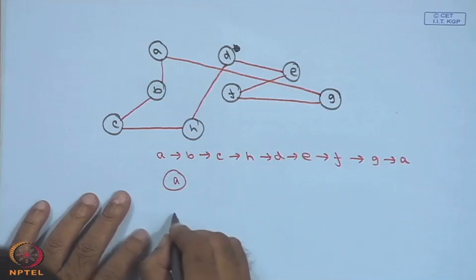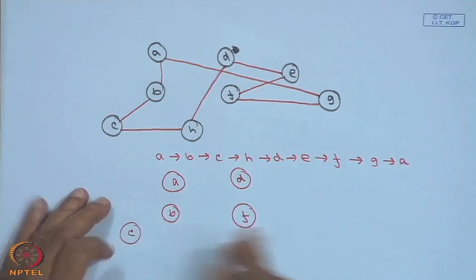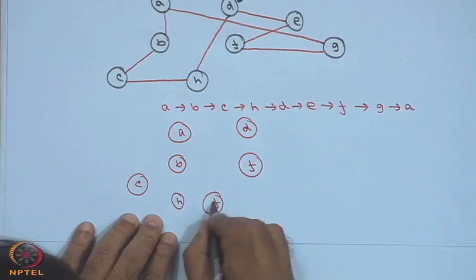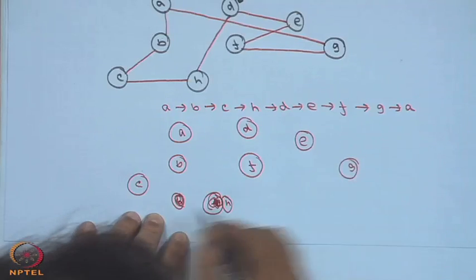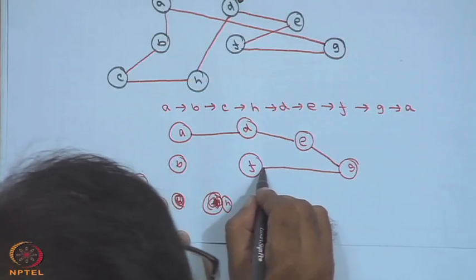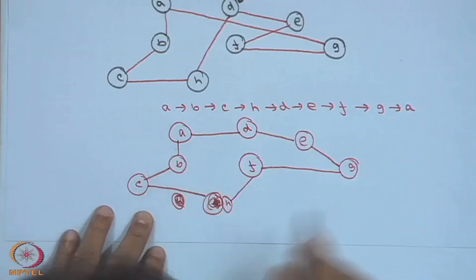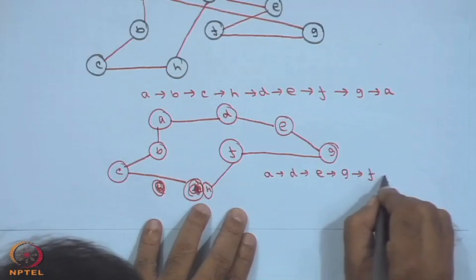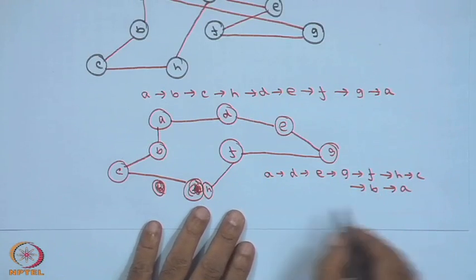Of course, if you see this one, just A, B, D, F, here C, somewhere here H, E, G. If I move something like this, that is A, D, E, G, F, H, C, B and A, and you find out the cost of this one, you will find this is the optimal one.